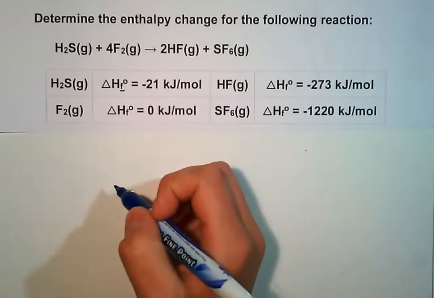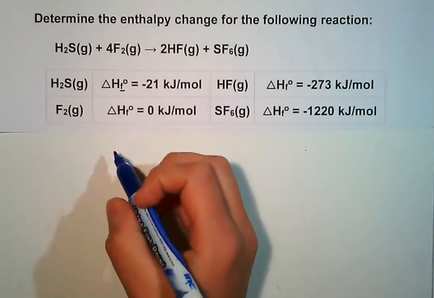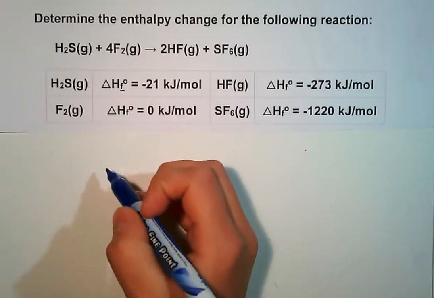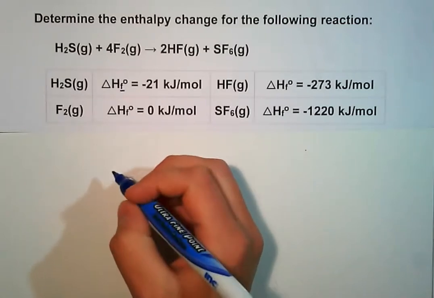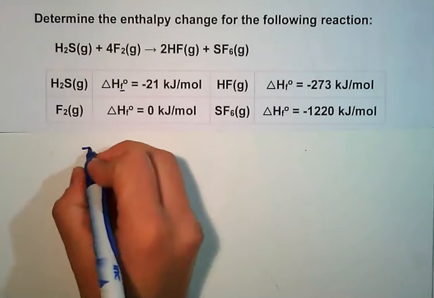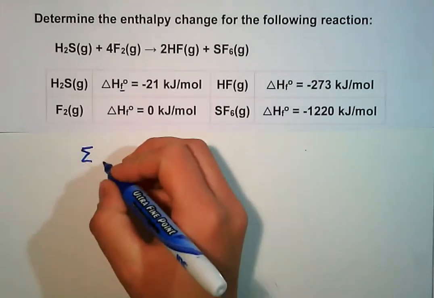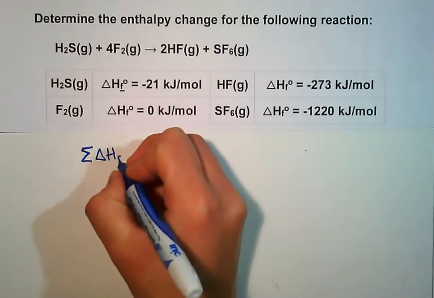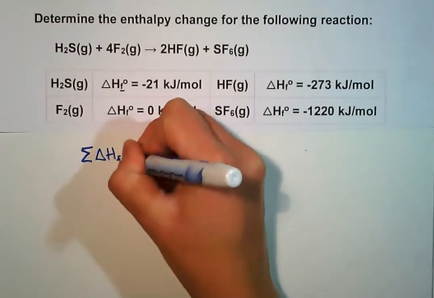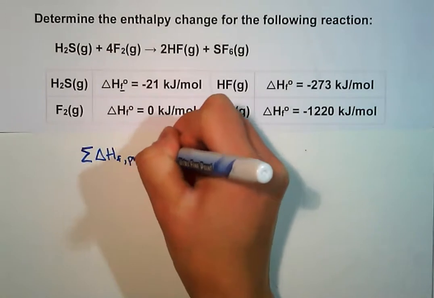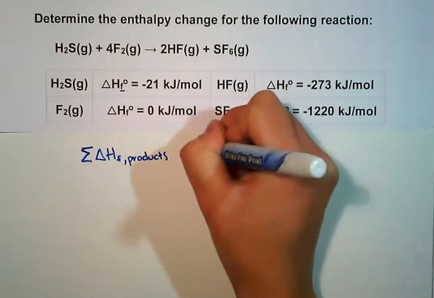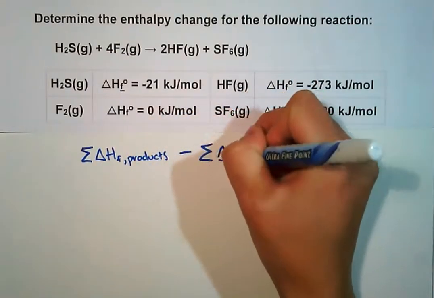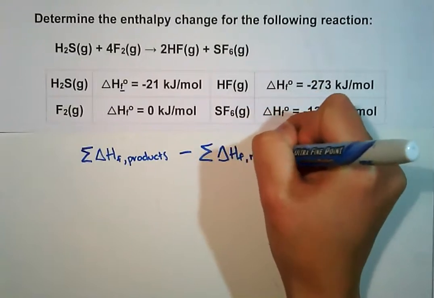And so when we're using enthalpy of formation values to find the enthalpy change for a reaction overall, we do the sum, and so this symbol right here means the sum of the delta HF values of the products minus the sum of the delta HF values for the reactants.